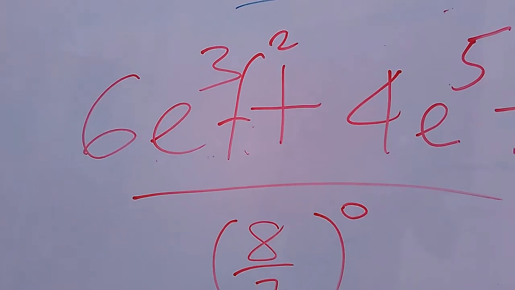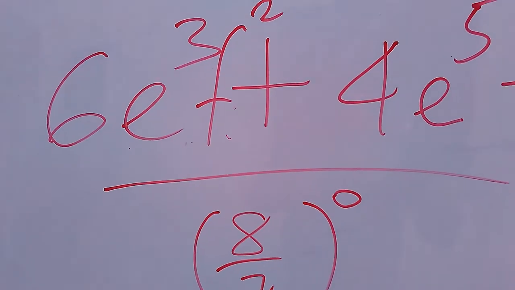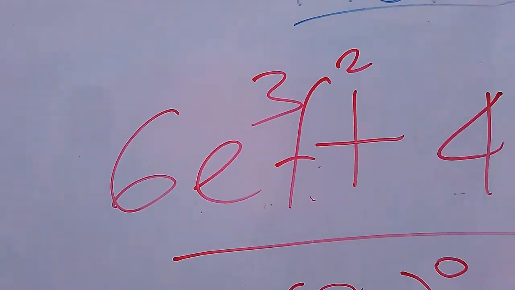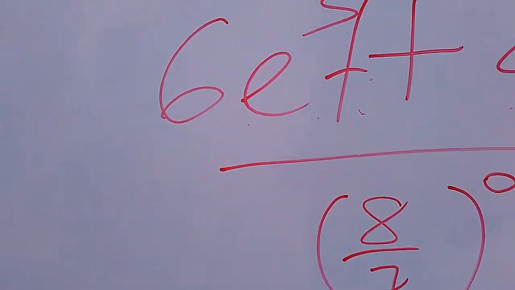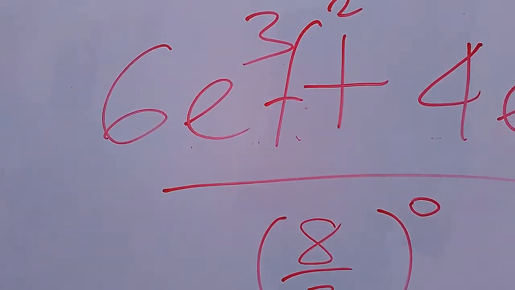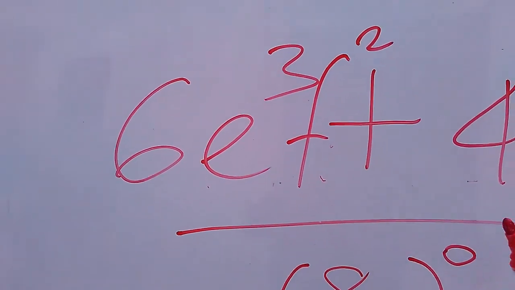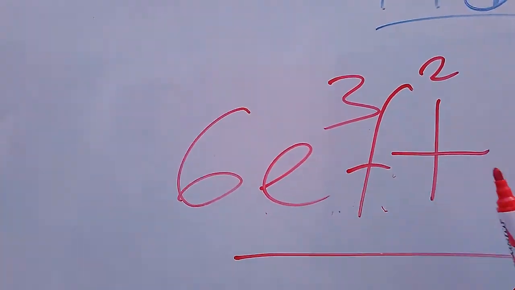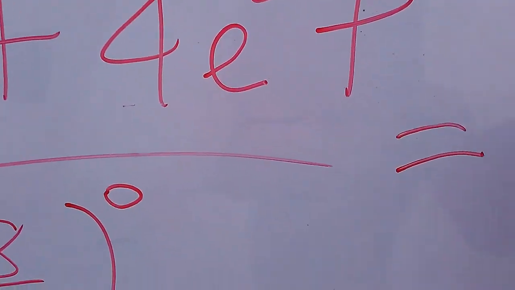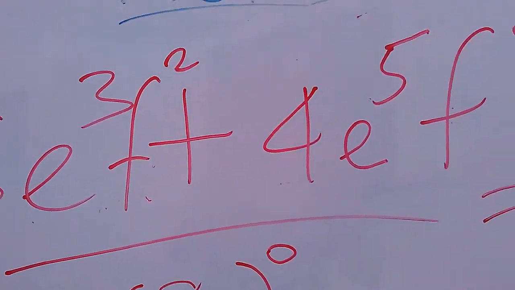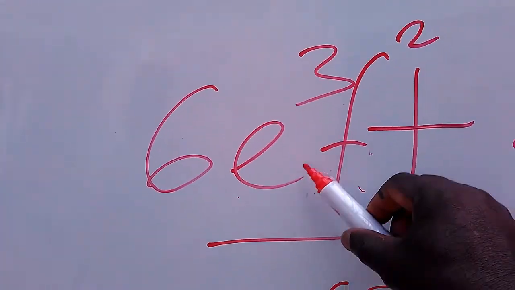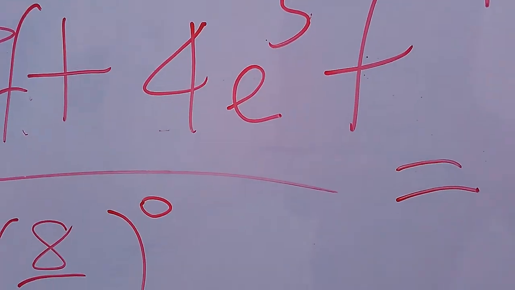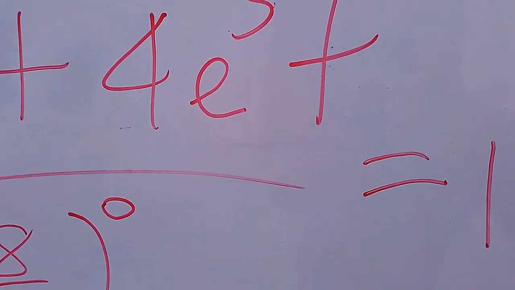Why we are not going to apply the law of indices to these 6 and 4 is because they are coefficients of the variables. So the law will not affect them. We are going to add them directly instead of multiplying them. So we'll add them. That is 6 plus 4 is 10. Then e raised to the power 3, e raised to the power 5 will give you e to the power 3 times 5.